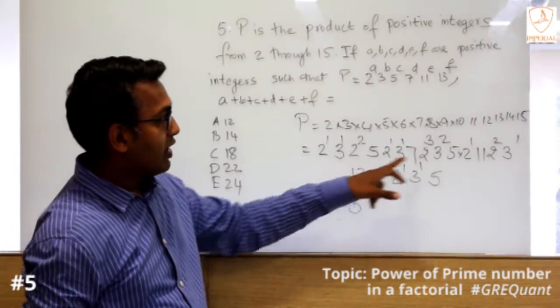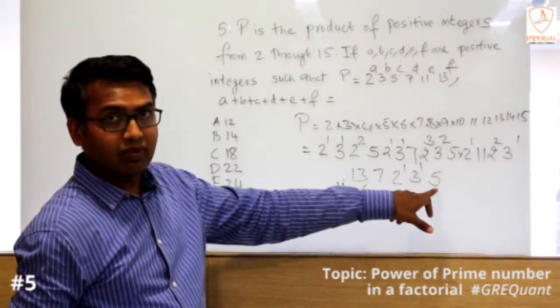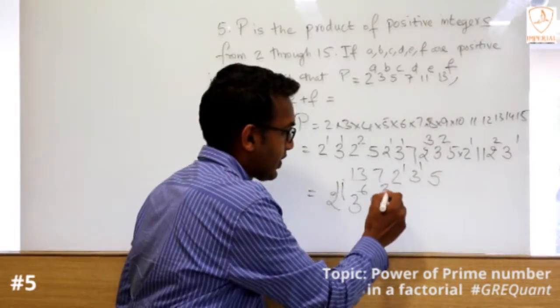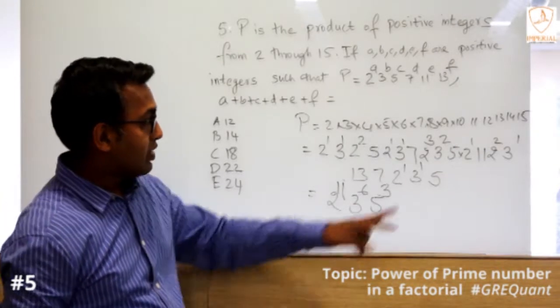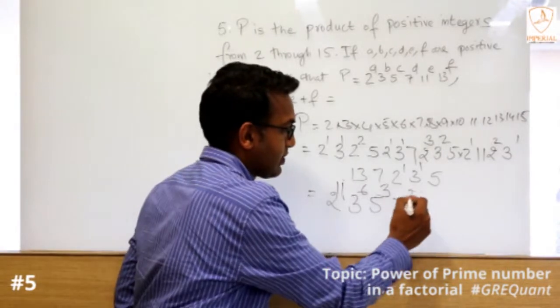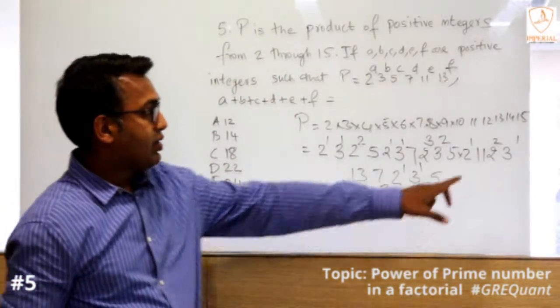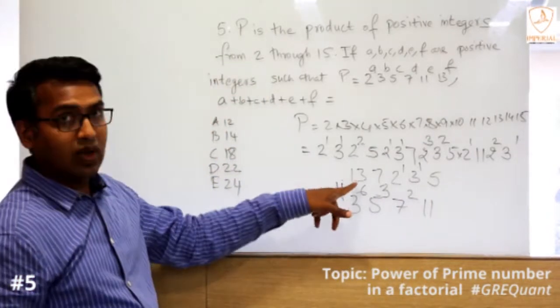Here you have 1 five, here you have one more 5, so 2 fives, and then one more 5 over here, 3 fives. The next one will be 7. Here you have 1 seven and here you have 1 seven, so 2 sevens. 11 is 1, and lastly 1 thirteen.